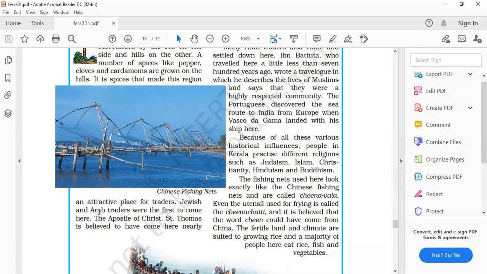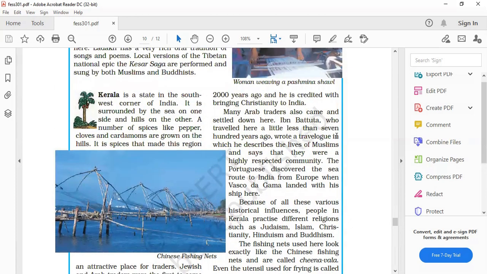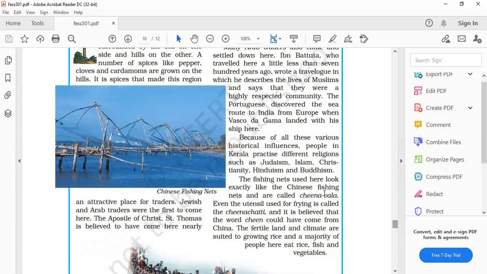Then, who brought Christianity to Kerala? It's a very short answer type question. Then, who is Ibn Battuta? Who is Vasco da Gama? Then again, an important thing is how many religions are there, and why do you think so?